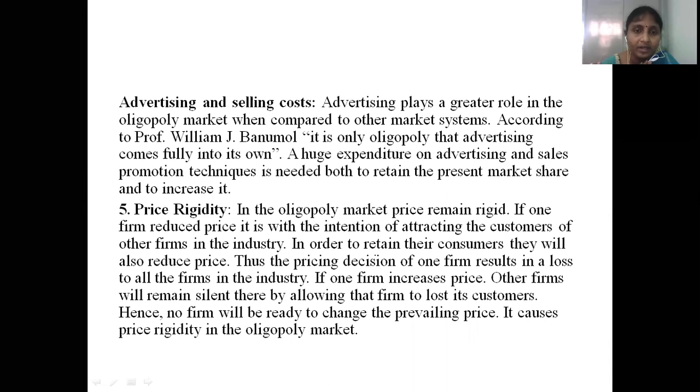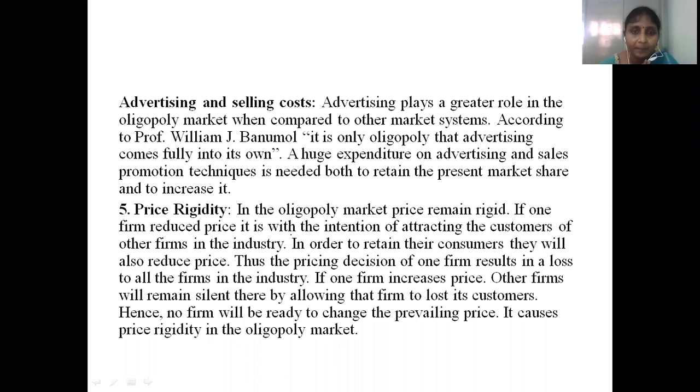Whenever your product cost is less, many consumers are attracted to your product and create a demand for it. That is the intention of a firm in reducing the price. So in order to retain their customers, the other firms will also reduce the price. So the pricing decision of one firm results in loss to all the firms in the industry.